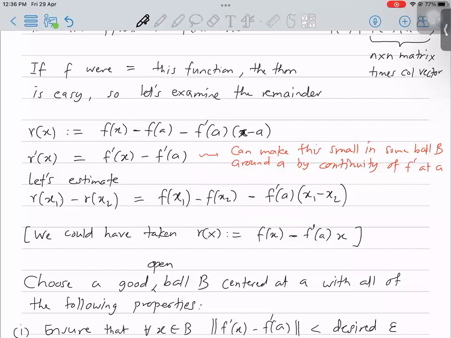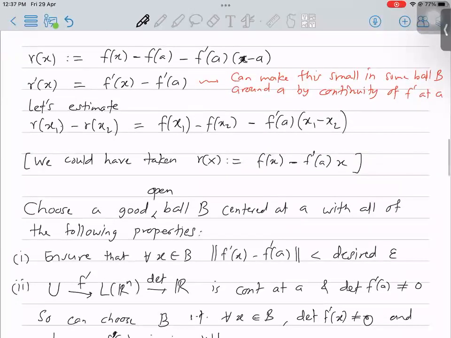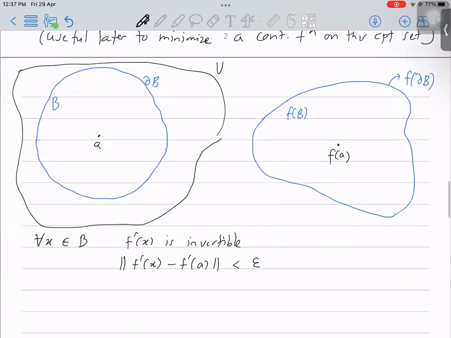The function R is differentiable, and very nicely, for the derivative of R, I have a bound. The derivative of R, which is f prime of x minus f prime of a, is less than epsilon.